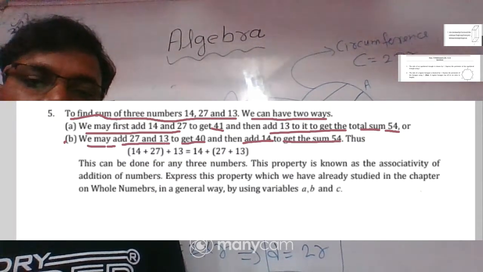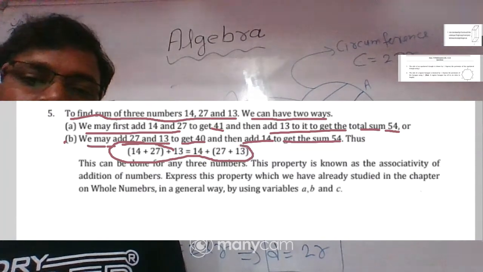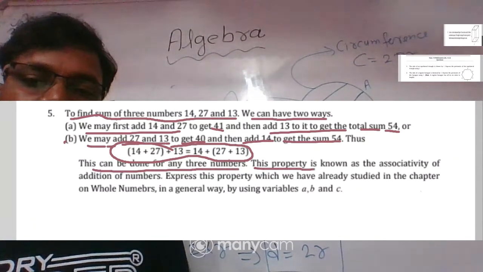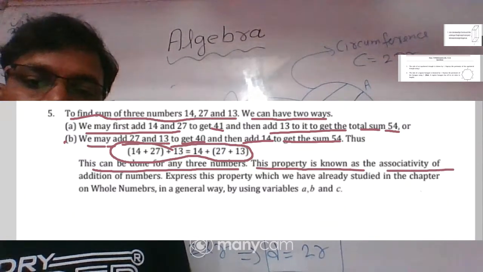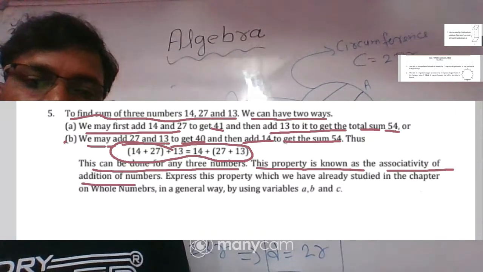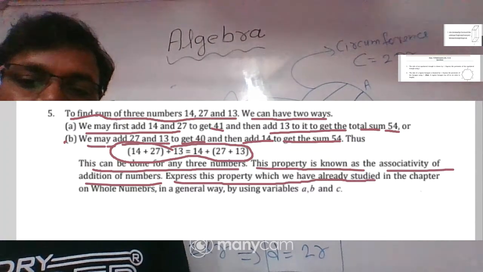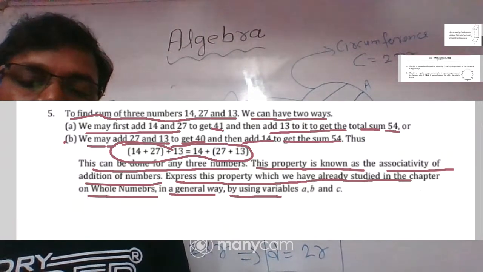Thus we can see here (14 plus 27) plus 13 is equal to 14 plus (27 plus 13). This can be done for any three numbers. This property is known as the associative property. Express the associativity of addition of numbers, which we have already studied in the chapter on whole numbers, in a general way by using variables a, b, c.